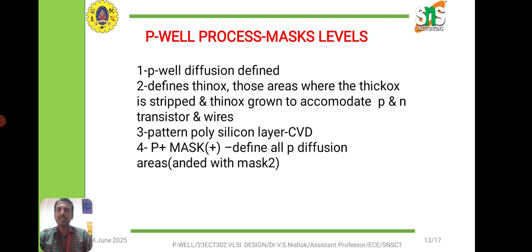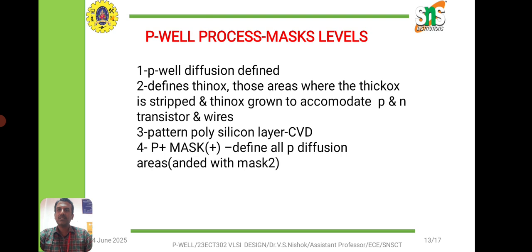There are several, about 9 to 10, steps to make a normal silicon wafer into an IC. That is done with the help of CMOS fabrication, through which we can design the ICs based on our users' interest.